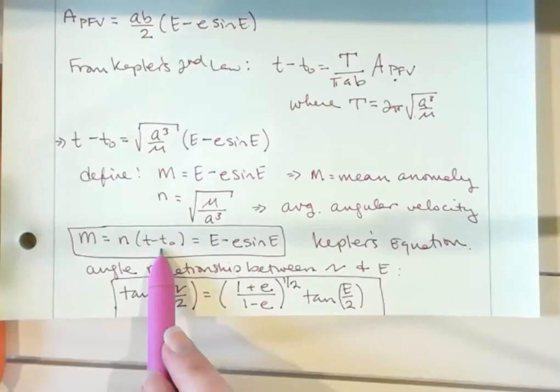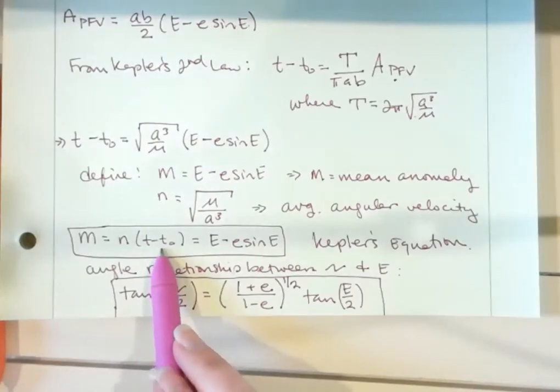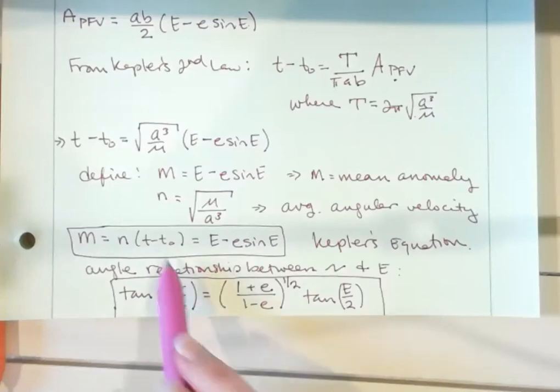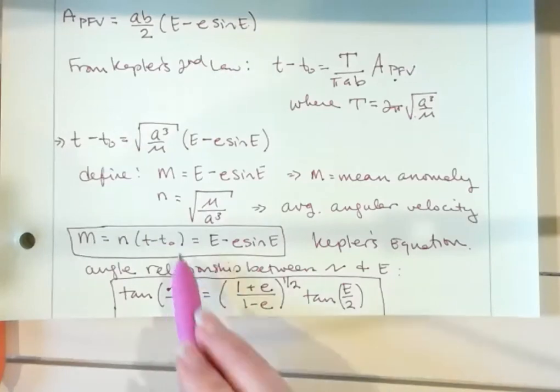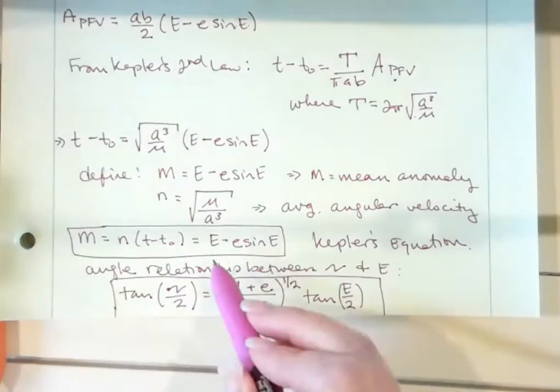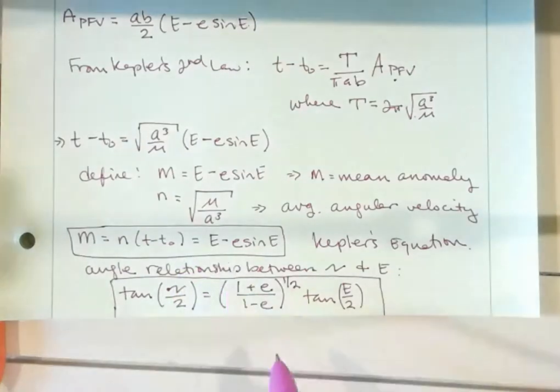We could say 30 minutes into the orbit, we could find information at that time, and use that to find true anomaly and some other things. That's why this equation is important, because it gives us the time that we might need to consider.